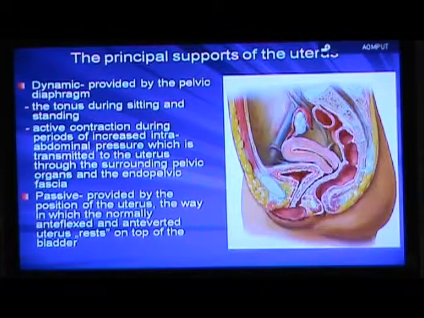The passive support is provided by the position of the uterus, so the way in which normally the anteflexed and anteverted uterus rests on the top of the bladder. So anteflexed and anteverted.